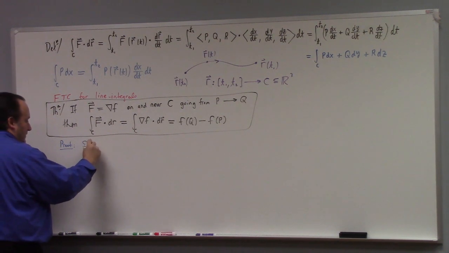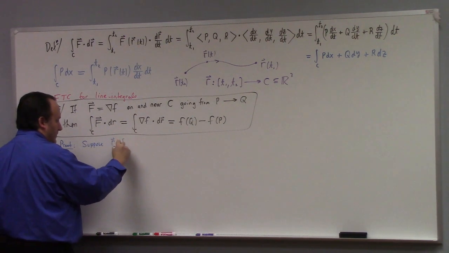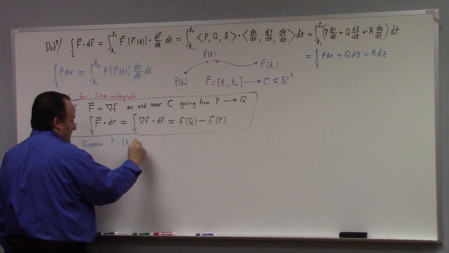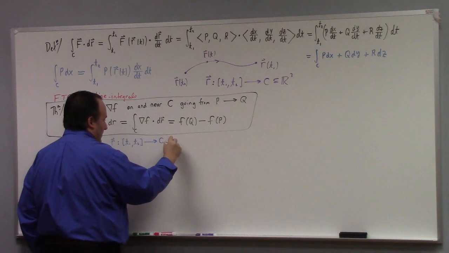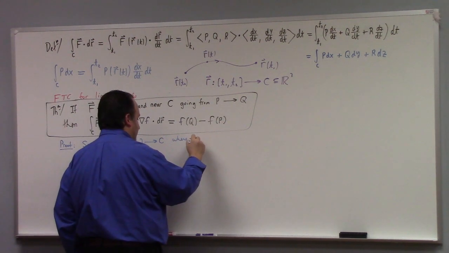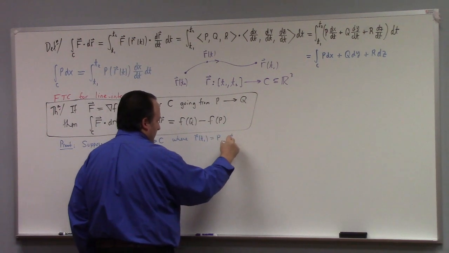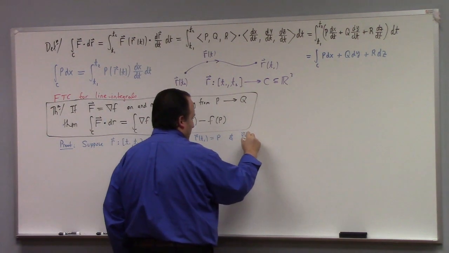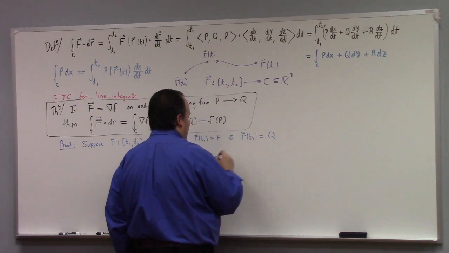Let's suppose that r goes from t1, t2 to C, where r of t1 is equal to P, and r of t2 is equal to Q, all right?